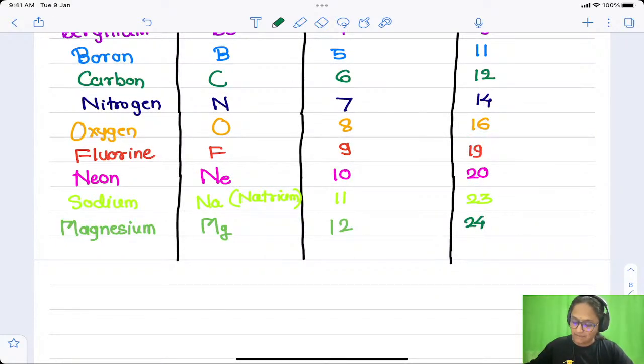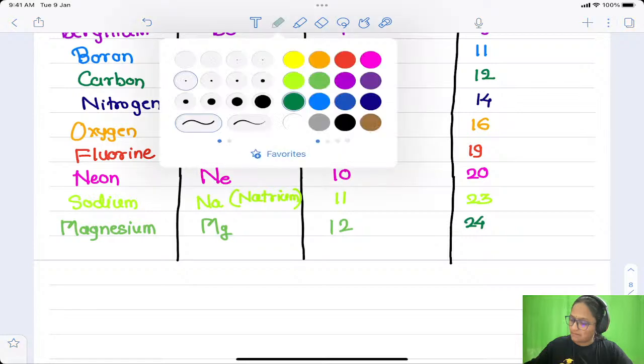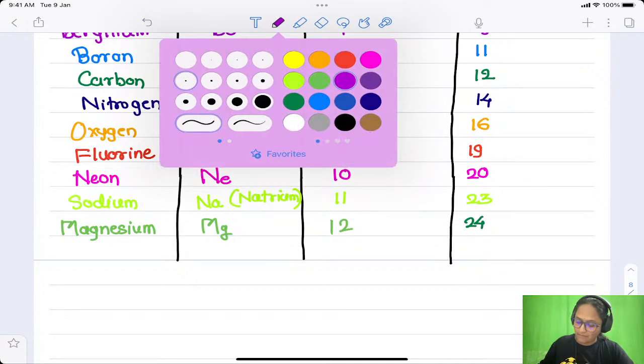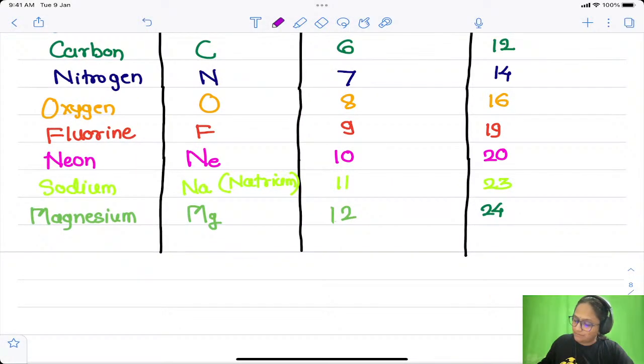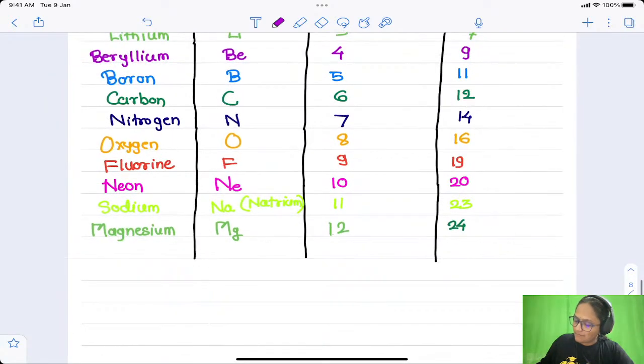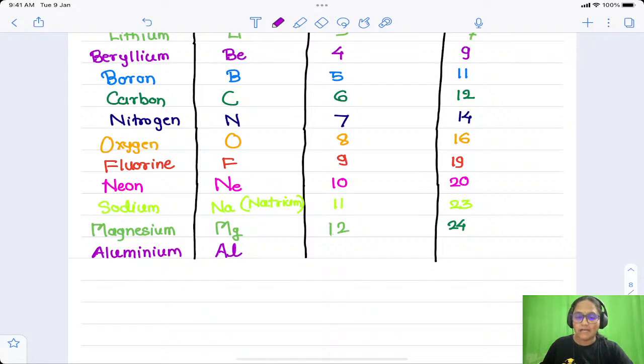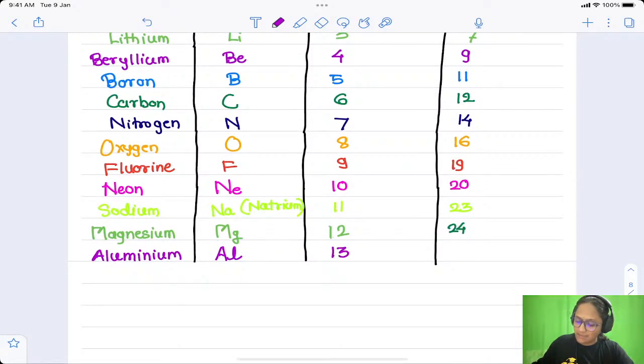Then next, after magnesium, it is aluminium. For aluminium, the symbol is capital A, small l. Okay, Al, capital A, small l. Atomic number is 13, mass number is 27.